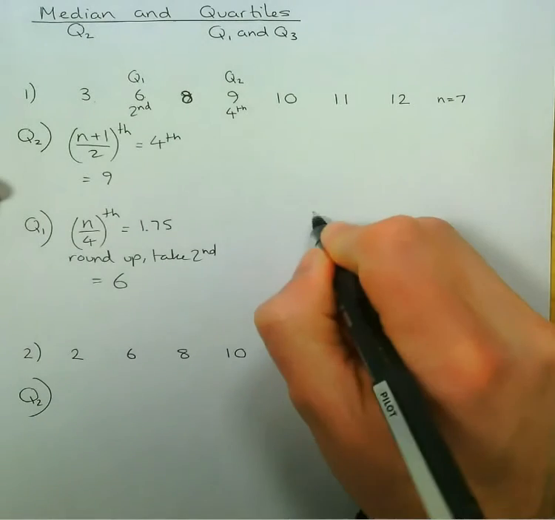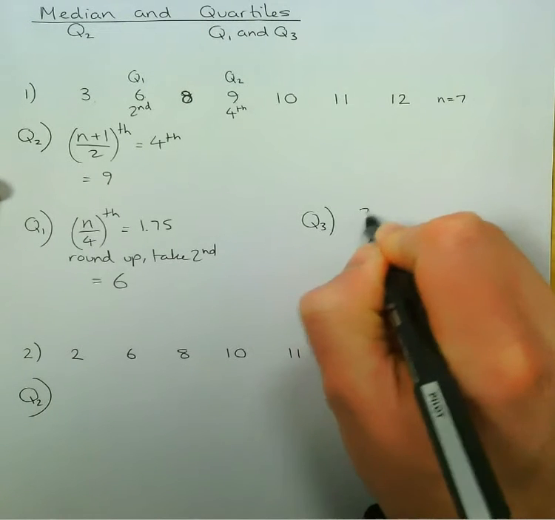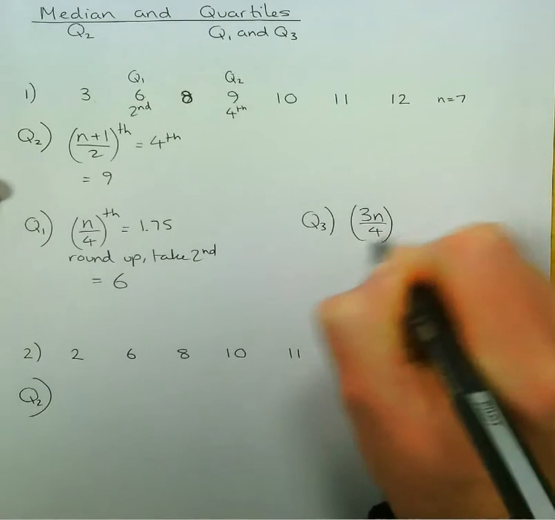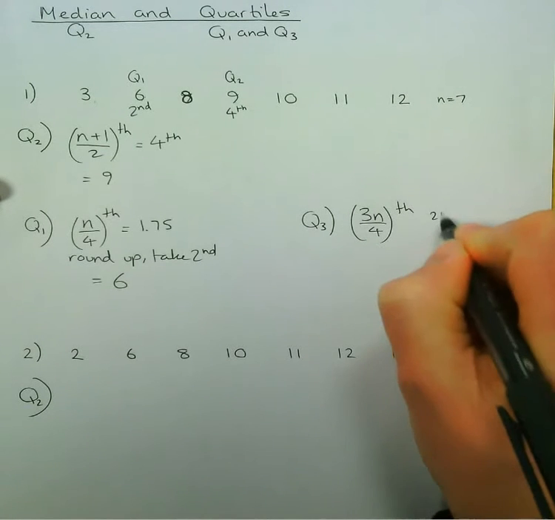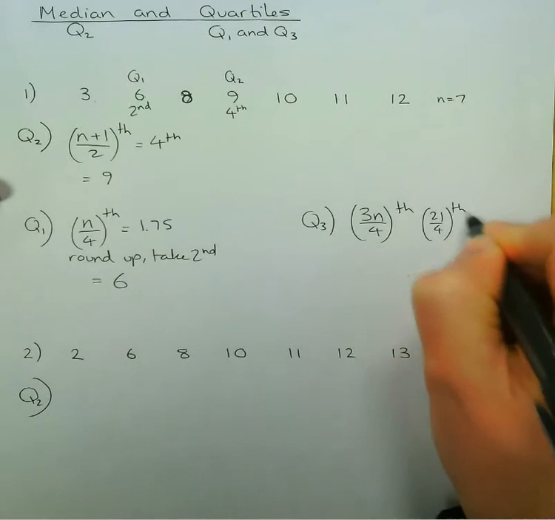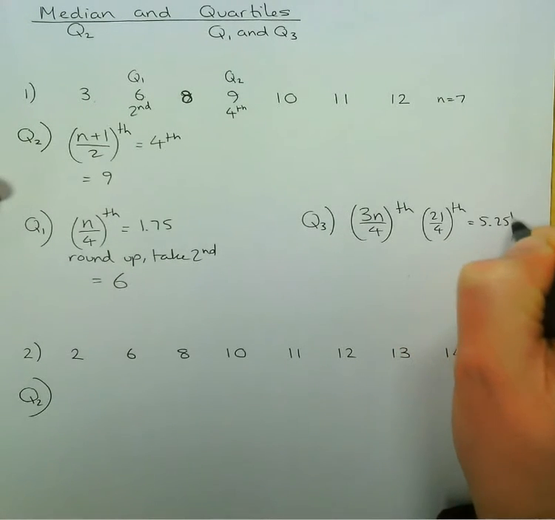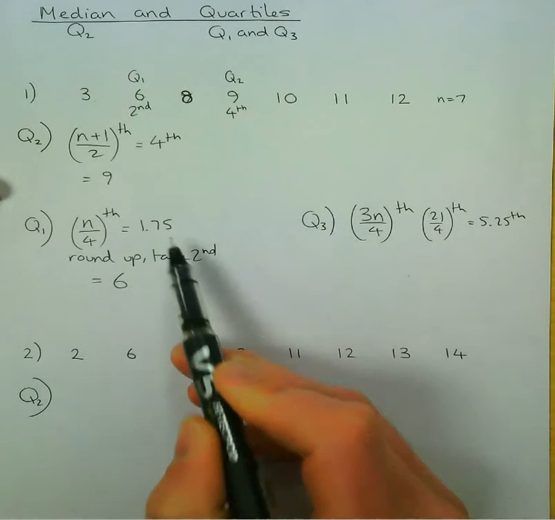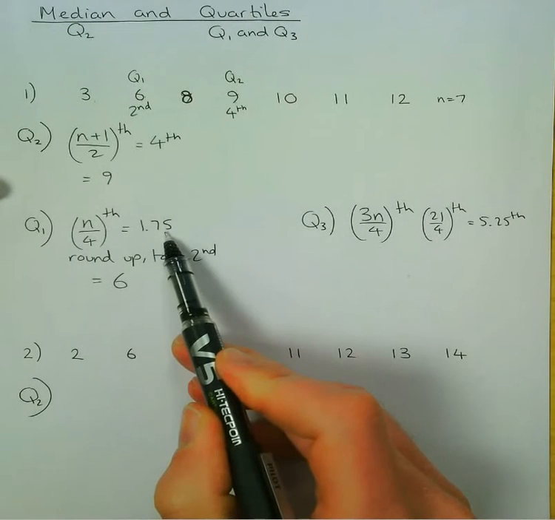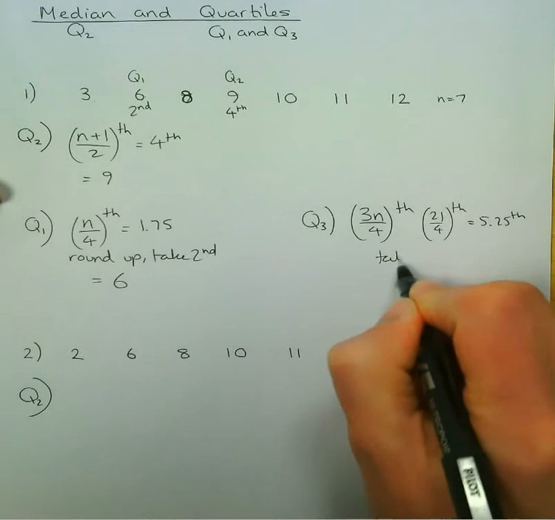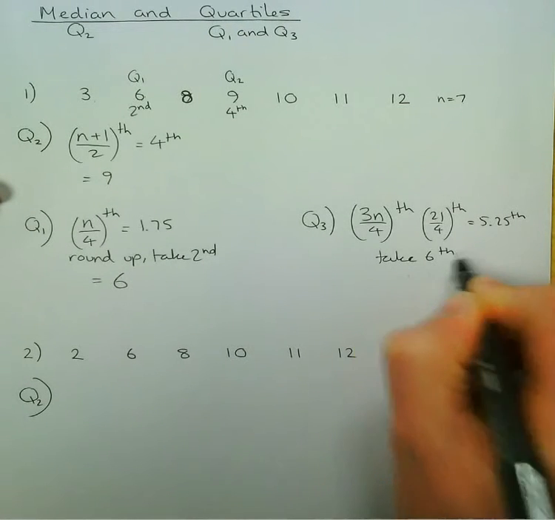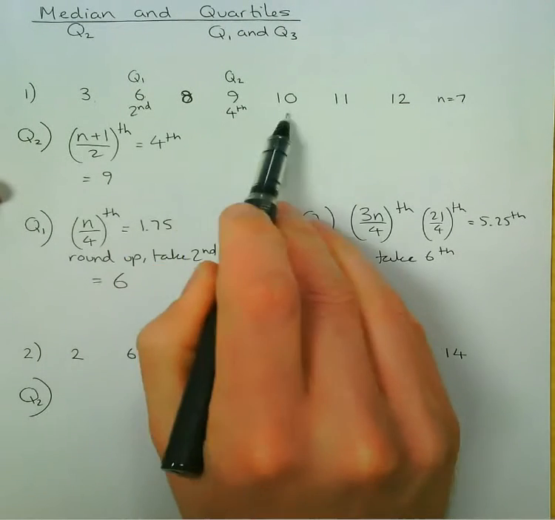Now if we do the third quartile, we're going to find 3/4 of the way along. 21 over 4, that's what it tells us. That's 5.25. Now what you'll notice here is that for the first quartile it makes more sense to round up because it's nearer, but this one we're also going to round up, and we're going to take the 6th number. So there's 4th, 5th, 6th.